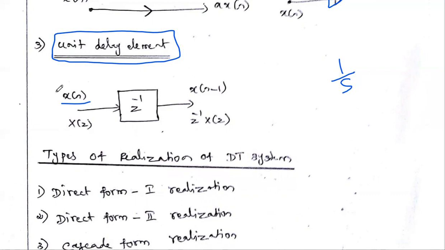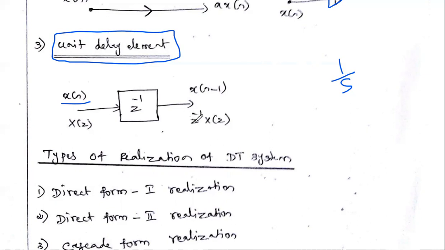If instead of the time domain representation, we represent the signal in Z domain, x of n corresponds to capital X of Z. So in the Z domain, the output of this unit delay element is Z inverse multiplied with X of Z. So what is the inverse Z transform of X of Z multiplied with Z inverse?